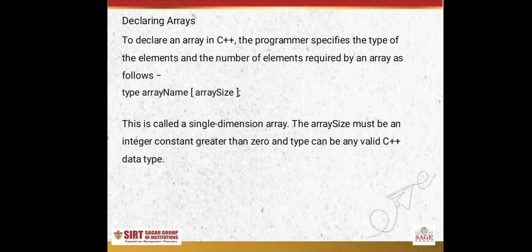Your data type could be any, including integer or float. Here the syntax given is actually a single dimension array. The size must be an integer constant and must be greater than 0, and the type can be any valid C++ data type.